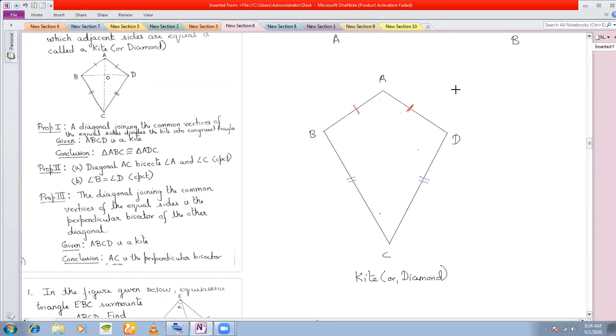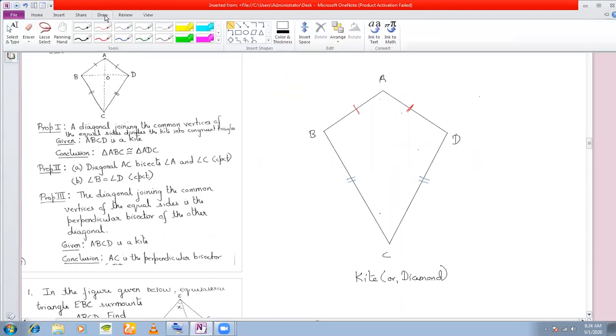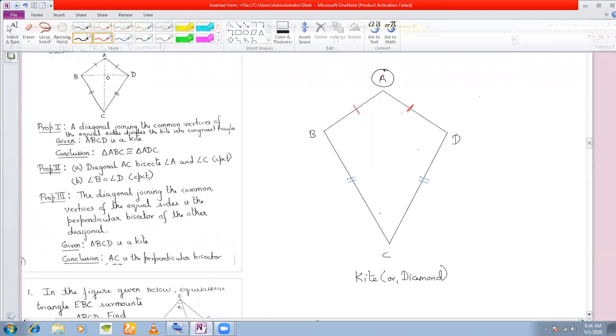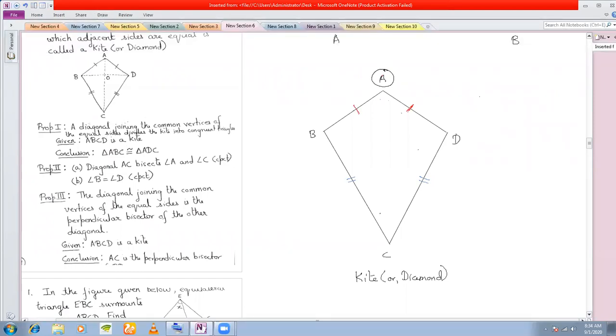Now what is this diagonal called? See that A is the vertex associated with these two equal sides. AB and AD meet at the vertex A. Also, these two blue equal sides meet at what vertex?